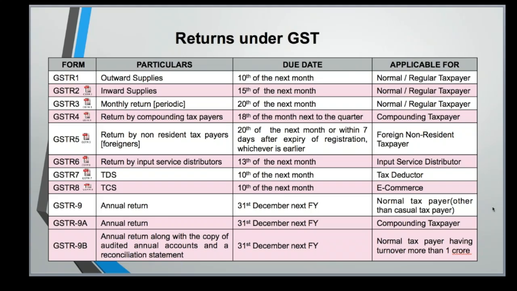Once we get the GSTR 2A, we have to either accept, modify, or reject. So whatever we do, we have to file the GSTR 2 by 15th of the next month.